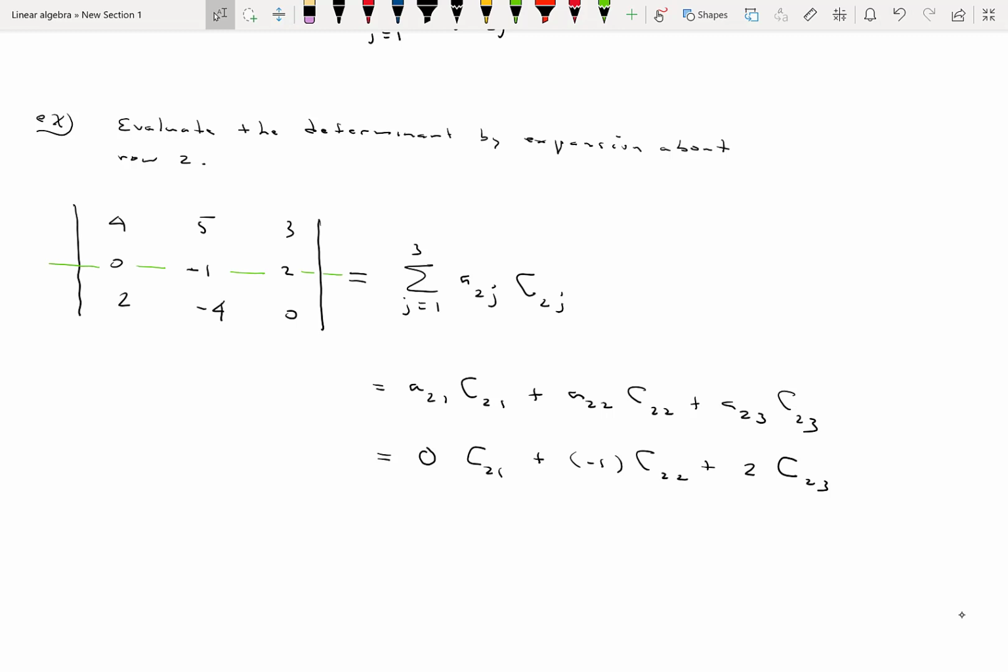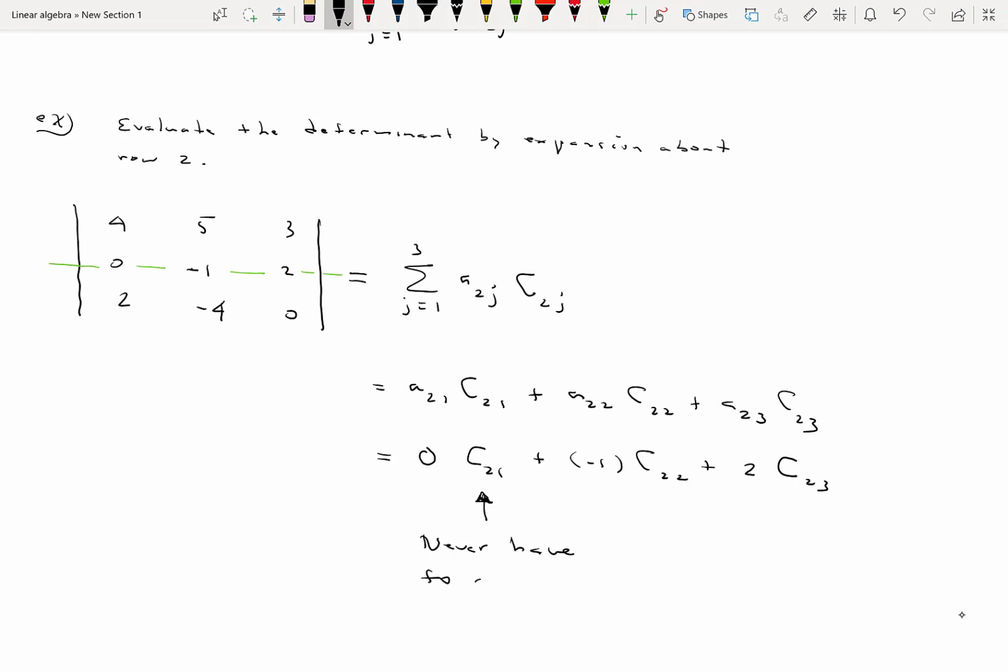That's the key here. The idea is when we get matrices of large size or much larger than 3 by 3 matrices, we want to do as few computations as possible. Okay, so again, if you missed it, this 2-1 cofactor C21 never has to be computed.